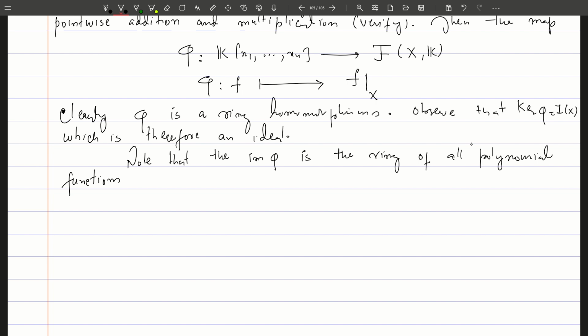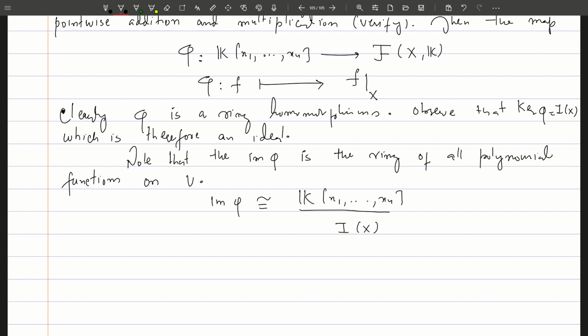I mean, phi takes f to f evaluated at X. So the image is all polynomial functions on V, and hence by the first isomorphism theorem, this image of phi is isomorphic to the quotient ring k[x1, ..., xn] mod I(X).